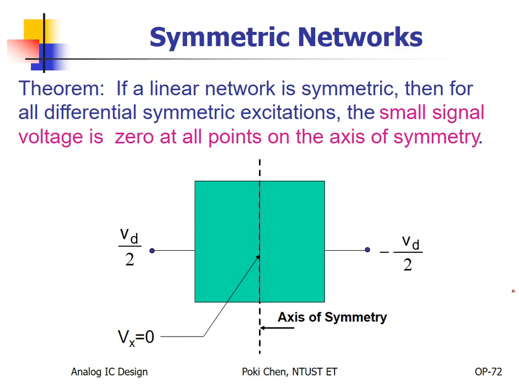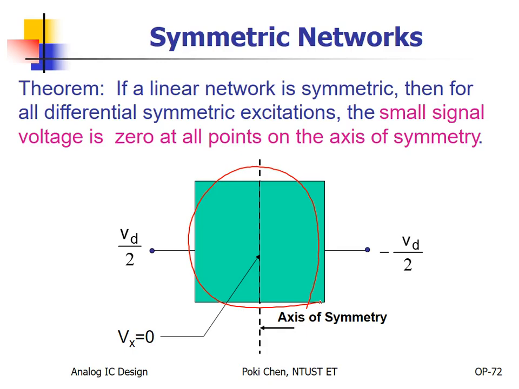Since the circuit is symmetrical, if you close your eyes, I flip it left to right, right to left, and then say, open your eyes again, you won't notice anything wrong because it is symmetrical.